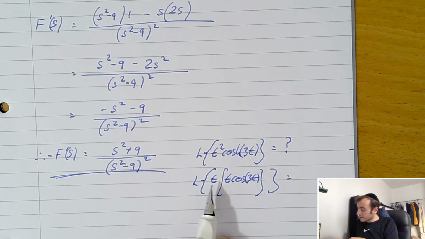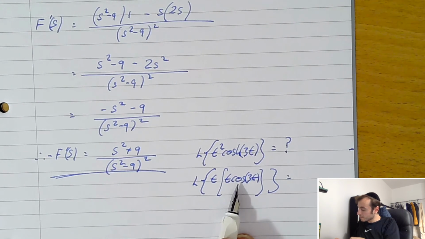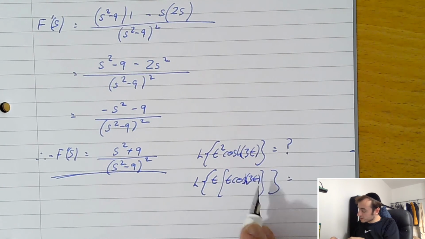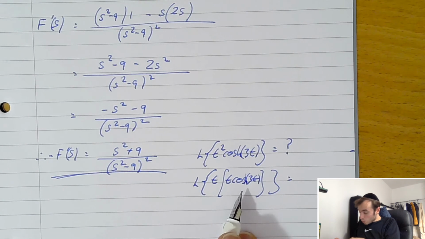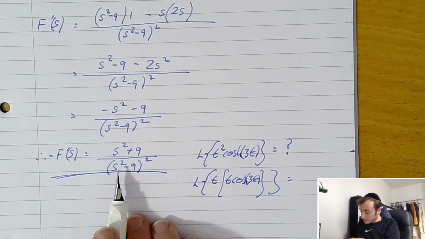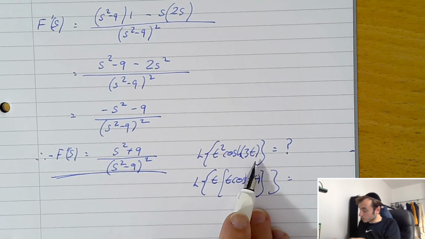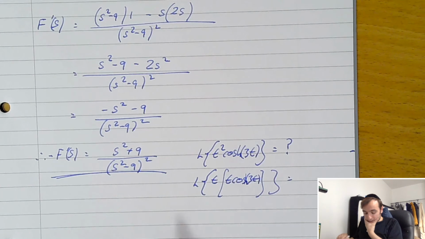It's just another application of the second theorem, t times a function. And we already know what the Laplace transform of t cosh 3t is, because we've just worked that out over here. So if we do that again, we're going to end up with an answer that should be correct for t squared cosh 3t. And I'm not going to do it because I just can't be bothered, to tell you the truth, with the algebra. But if you do it, it will work.